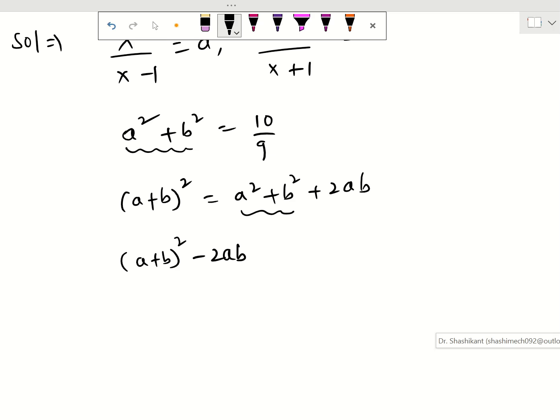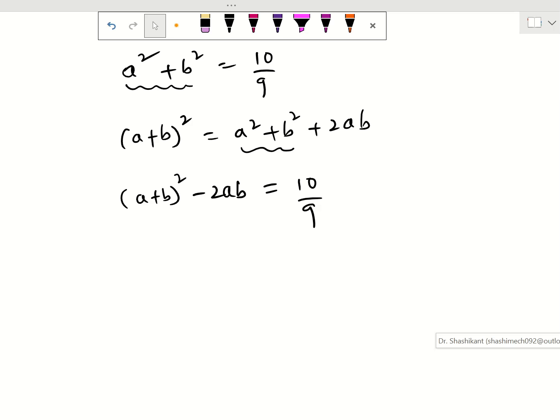Means a plus b whole square is a square plus b square plus 2ab, and minus 2ab, the 2ab gets cancelled, and the term remains the same as a square plus b square, right? So 10 by 9.